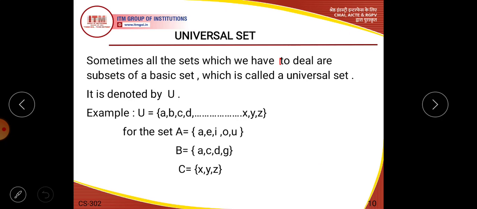So this is a subset of capital U. Capital U, we can say, is a universal set, because all these sets, if we consider A, B, C, set A is a collection of vowels, set B is a collection of 4 elements A, C, D, G, and set C is a collection of X, Y, Z. So these are the subsets, and they come from a basic set which is equal to U. Then in this case we can say U is a universal set.